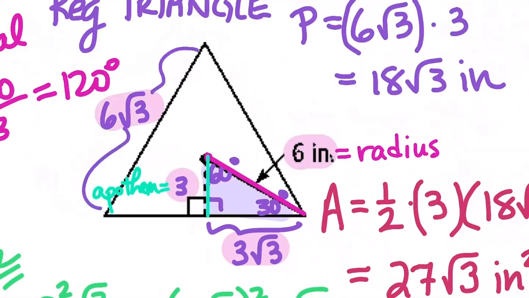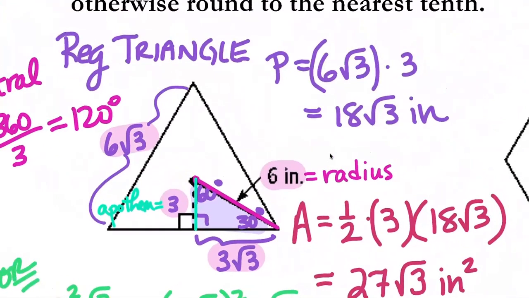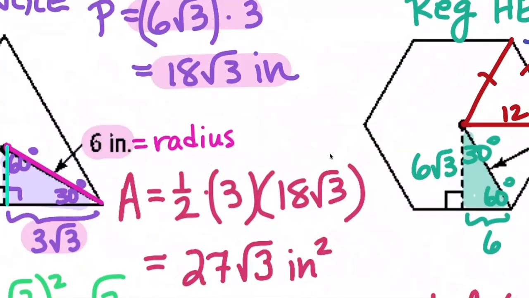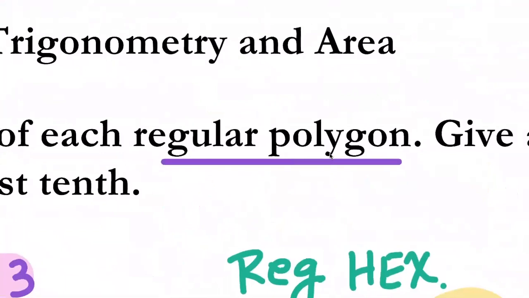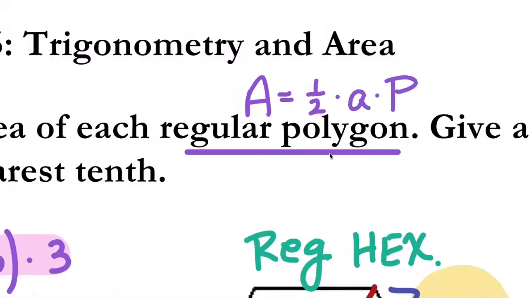So I have an option. It did ask me to find the perimeter. So I'm going to go ahead and do 6 root 3 times 3, and that gives me 18 root 3 inches. And then I could do 1/2 apothem perimeter. Remember that formula. For any regular polygon, the area is 1/2 AP, 1/2 apothem perimeter.